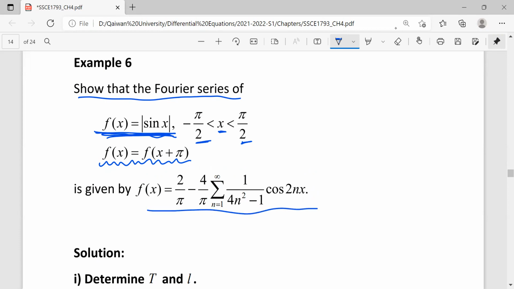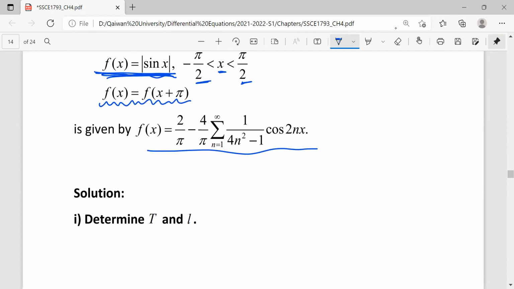Okay, in the first step, we should determine T and L. T is the period. The period here is pi, because if f of x equals f of x plus T, then the period is T. So here T is pi.